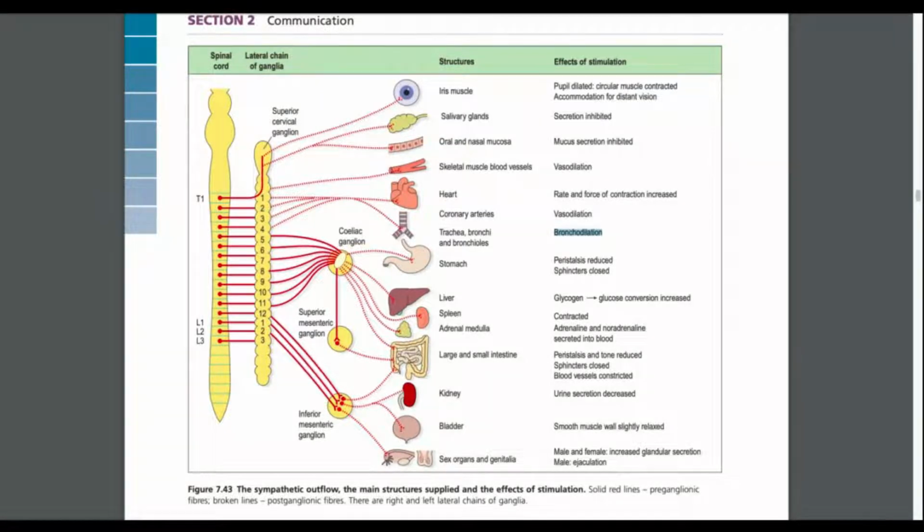So we give a puff, a bronchodilator like salbutamol or terbutaline. Aminophylline, all these are bronchodilator drugs. That means what? They are acting on the sympathetic nervous system and they dilate the bronchus, but they also increase the heartbeat.